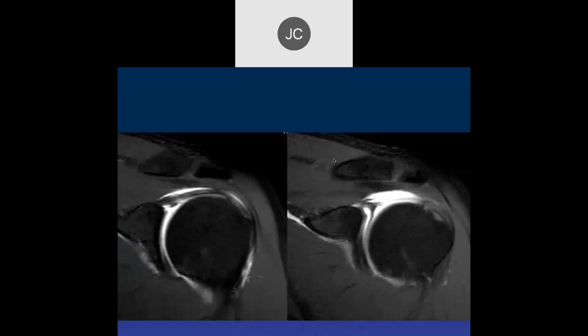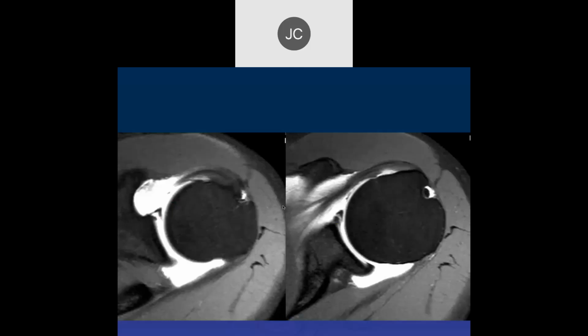And then here's just another example where this could be a recess. We can see some signal change here, but this really looks very irregular in this particular case with kind of strands going through it here. A lot of abnormal signal here, maybe some straining associated with the biceps anchor.